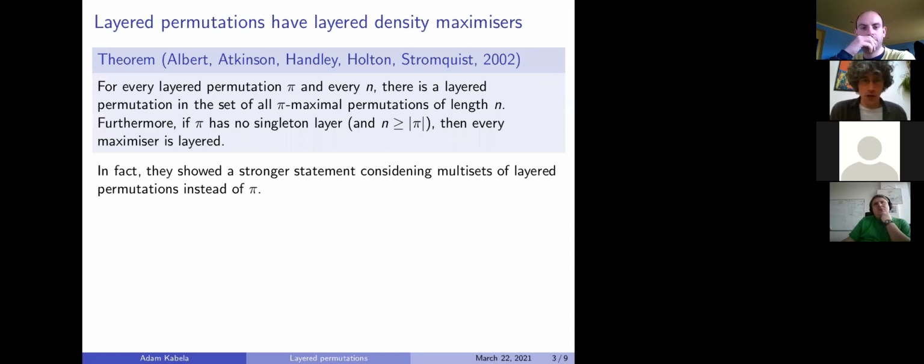Now, what's it about? It's about maximizing density of a layered pattern. Right? So we have a layered permutation. We think of it as a pattern, and we'd like to find larger permutations, maximizing the density of the pattern.